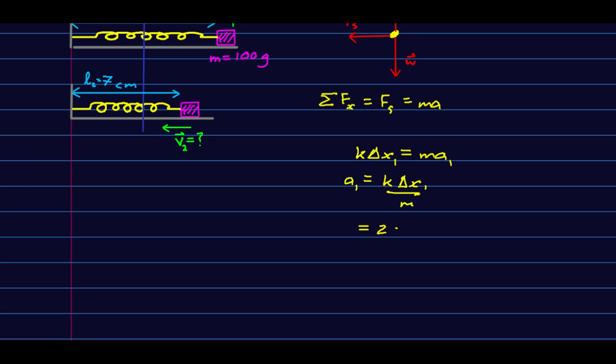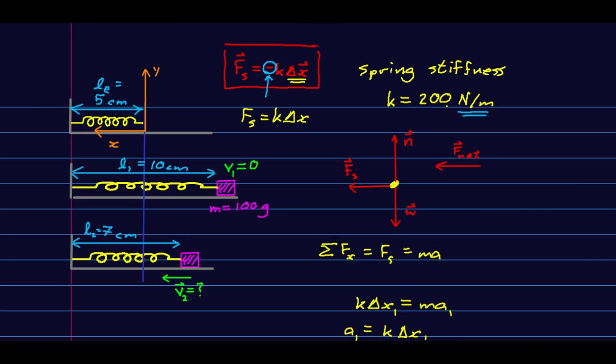And so that is 200 newtons per meter times our 5 centimeters. So careful, 0.05 meters, all over our 100 grams, or 0.1 kilograms. And if you work it out, that is actually 100 meters per second squared. It's quite a large acceleration, but this is a pretty stiff spring.